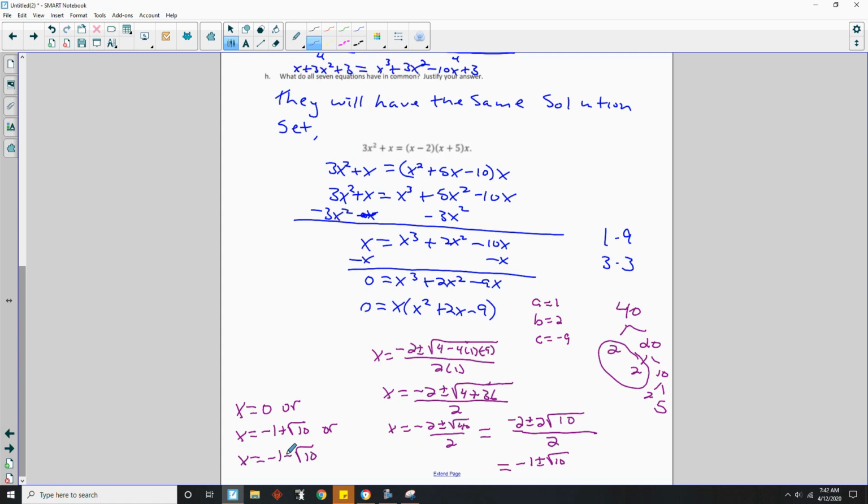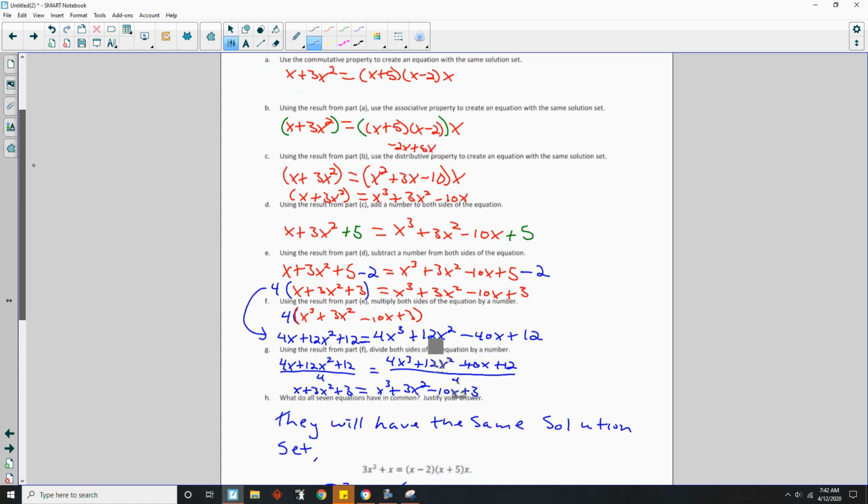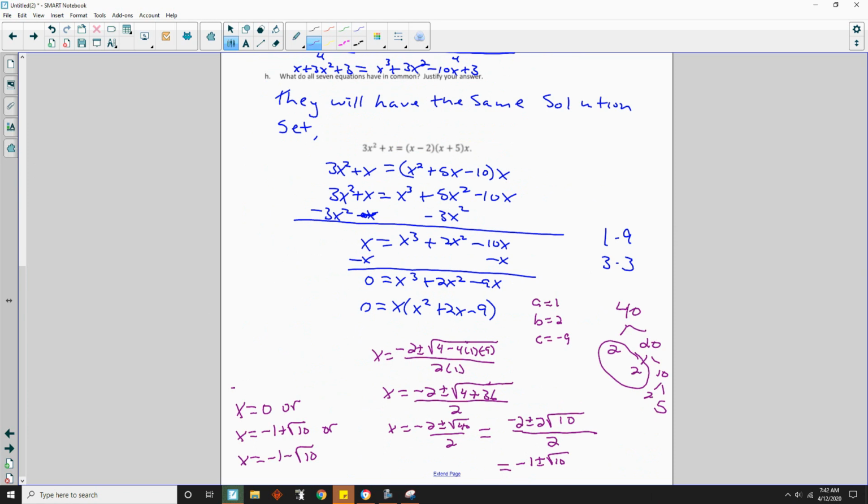Okay, so those are my 3 solutions. So I would have to go back and do every single one of these on this page to confirm that they're all equal by getting these 3 solutions. They could have chosen a better equation to do this, so we didn't have to have such a strange, irrational solution. But anyhow, that's how you would do it.